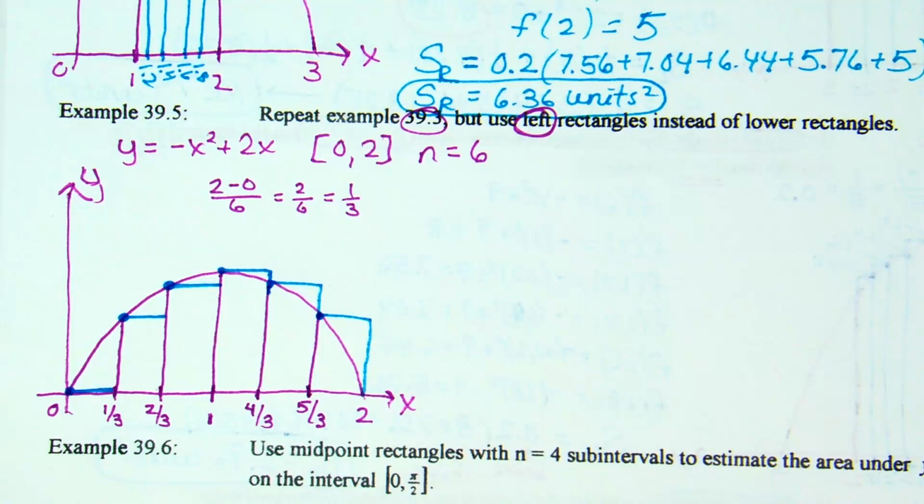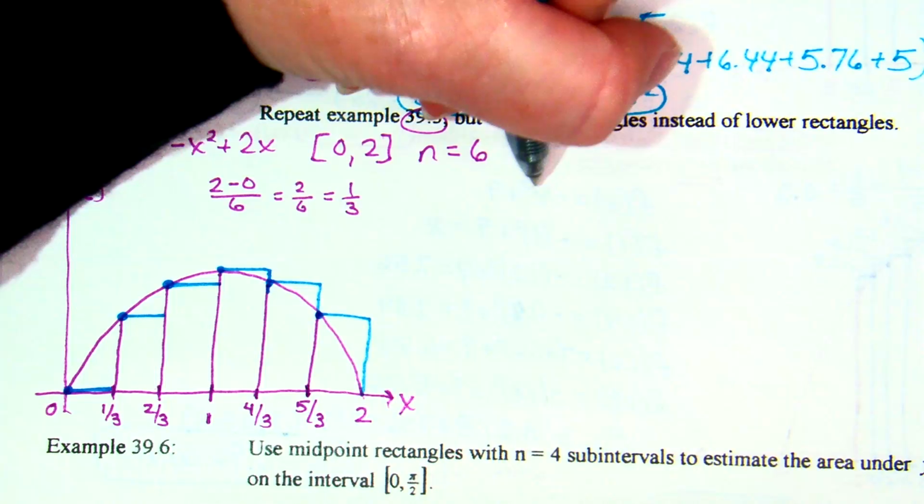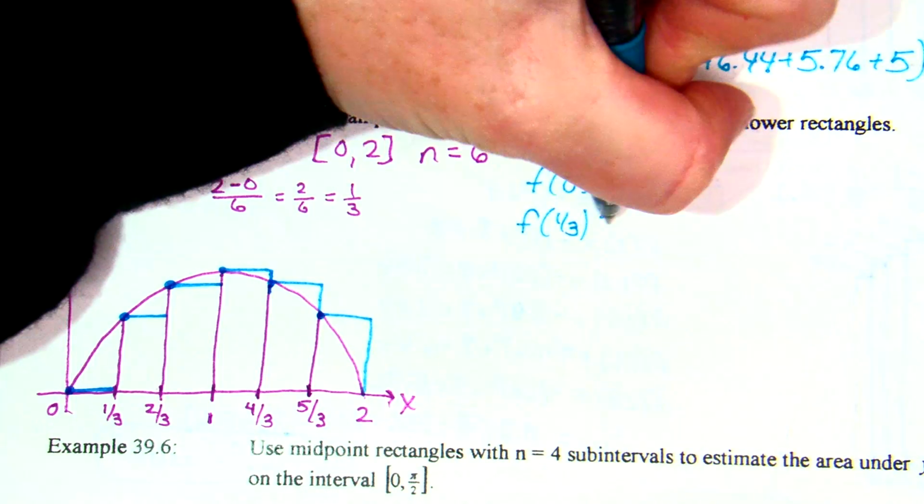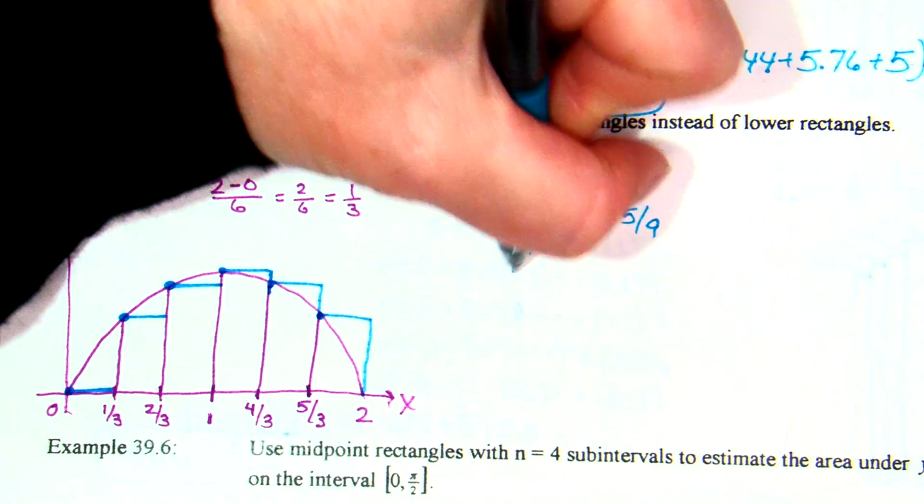It's upper. So in this case, because we were told left, we have a mixed boat. You're going to have to know f of 0, which is 0. F of 1/3, which is 5/9.